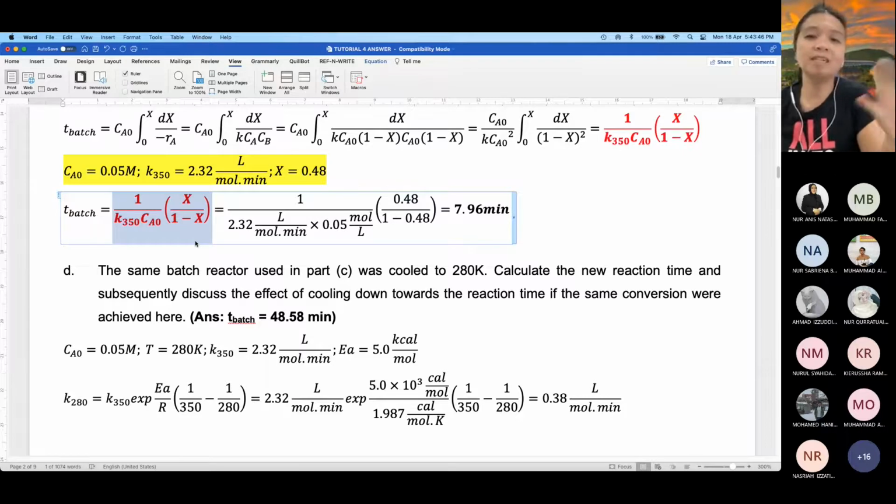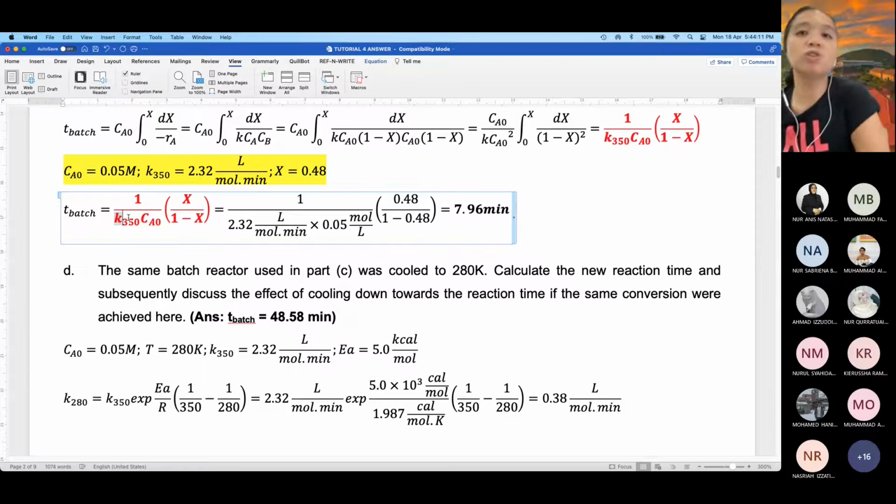What differs in the reaction time if we cool down? In that equation there are 3 unknowns, X, K and Ca0. Ca0, the initial concentration, will not change. The thing that changes is your value of K. If the reaction temperature changes, K will change. Because K changes, your reaction time will also change.